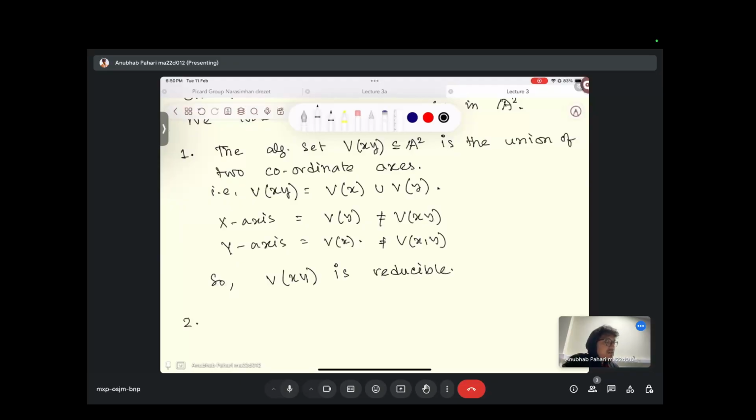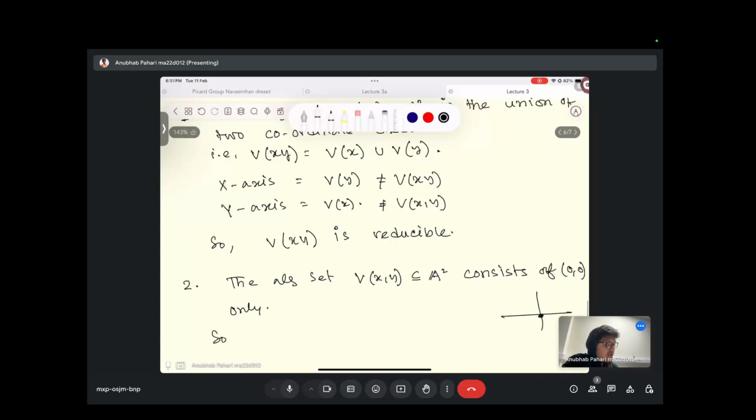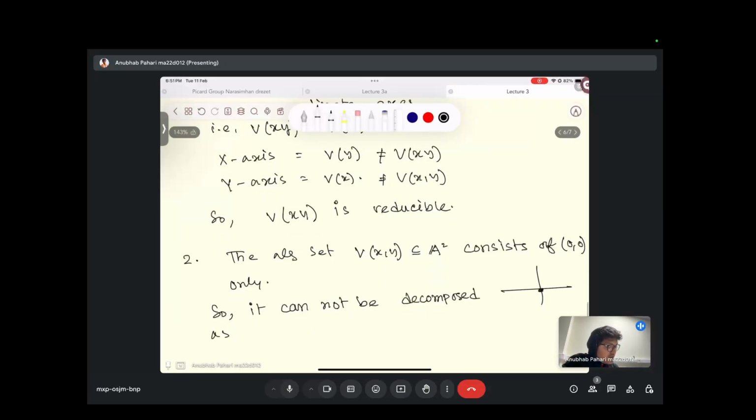Now look at the second example. The algebraic set V(x, y) in A2 consists of (0,0) only, that is, it is a singleton, so it cannot be decomposed as the union of two smaller algebraic sets.